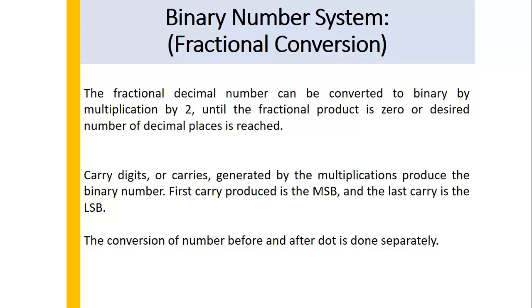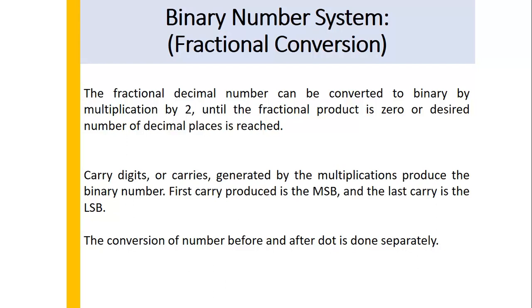It says a fractional decimal number can be converted to a binary fractional number by multiplication of 2 until the fractional product is 0 or the desired number of decimal places is reached. In these cases, the carries generated by the multiplication produce the binary number.